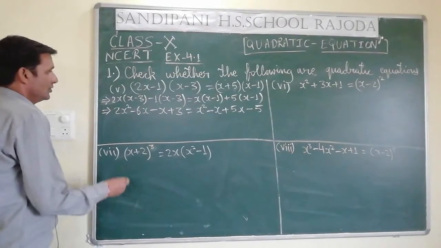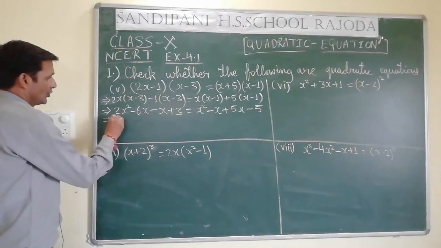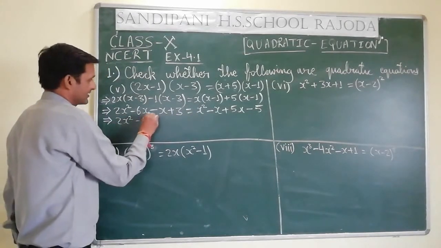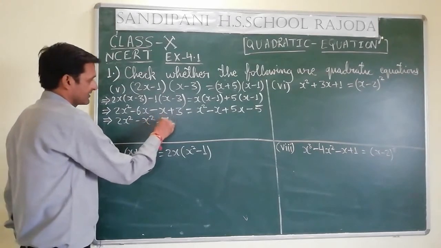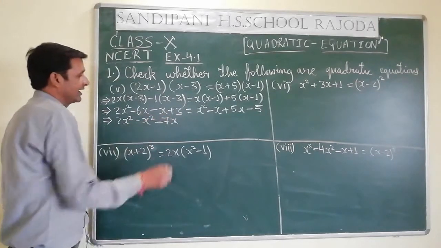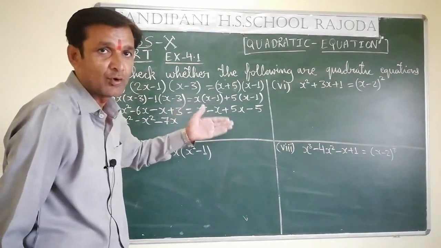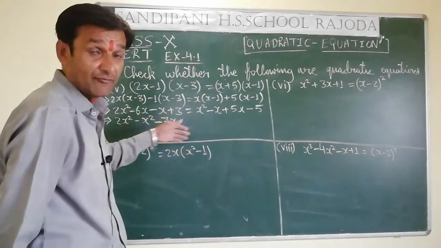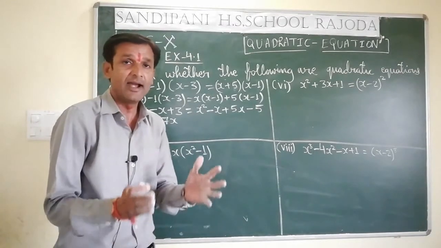So now 2x square, you may transpose this x square, it will become minus x square, minus 6x and minus x, that is minus 7x, because both are negative. If both the terms are negative, then we will have to add both the terms and the sign will be negative only. If both are positive, then we will have to add the terms and the sign will be positive.